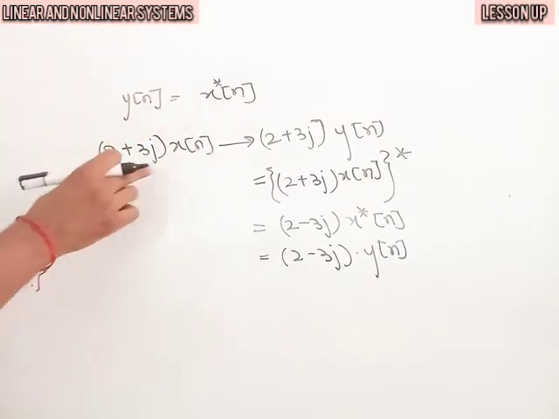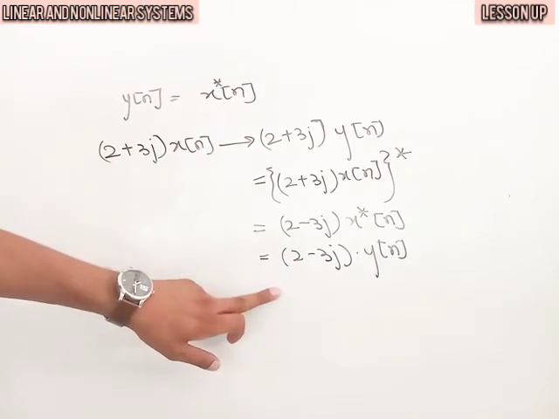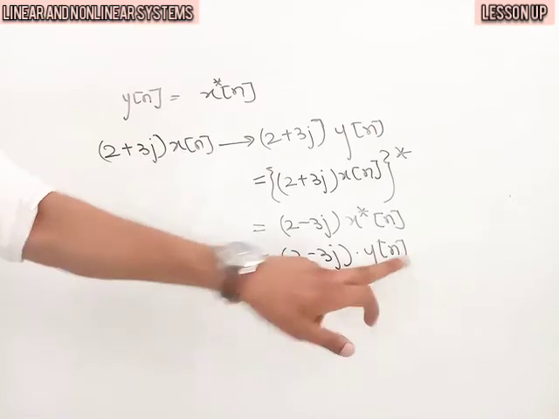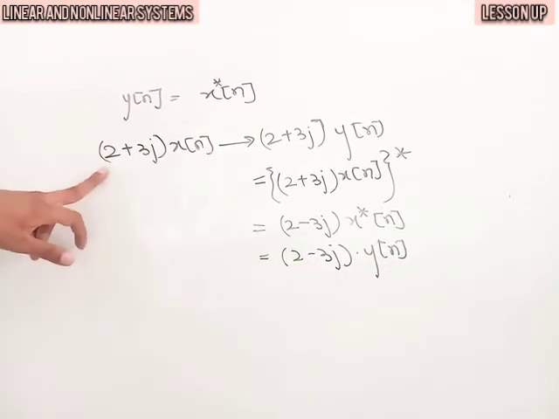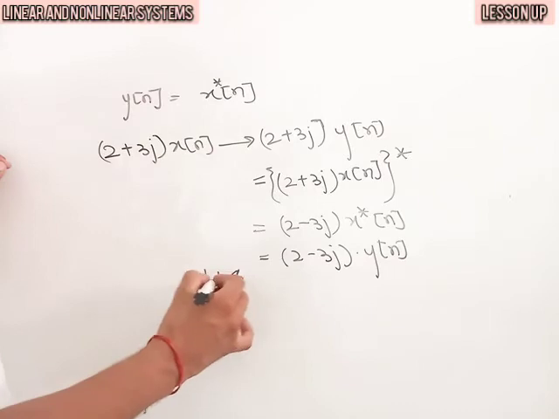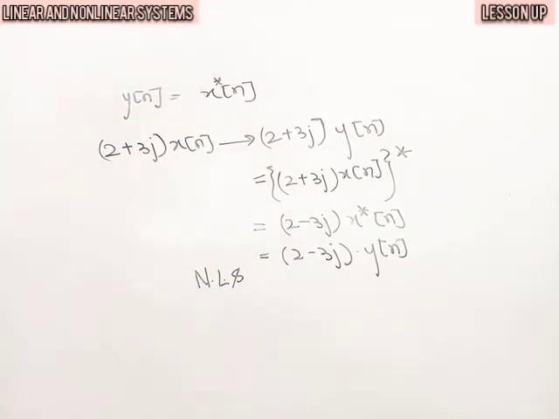So, you can tell that the output with this input is not the same. It is 2 minus 3j into y of n, and here you are expecting 2 plus 3j into y of n. So, this is not the same. We can tell that according to this equation, it is a non-linear system.